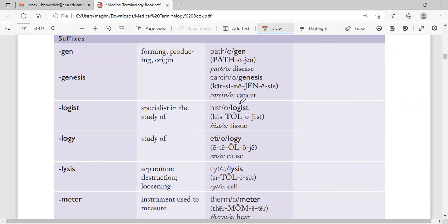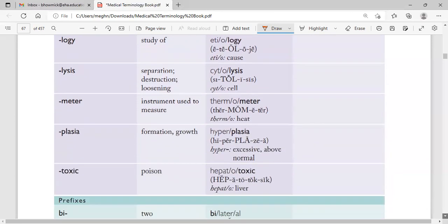Histologist, tissue. So -logist is a specialist in the study of. Then etiology, the study of cause; -logy, study of. Then cytology, cytolysis. So lysis means separation, destruction, and loosening.